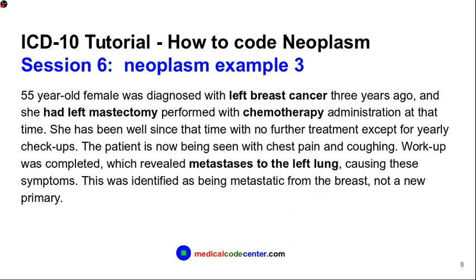The patient is now being seen with chest pain and coughing. Workup was completed, which revealed metastasis to the left lung, causing these symptoms. This was identified as being metastatic from the breast, not a new primary. So please feel free to pause the video and code this example.